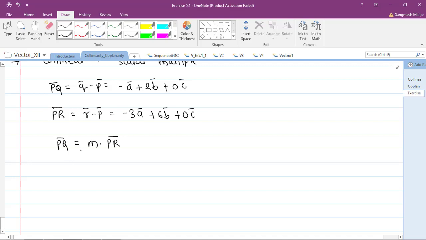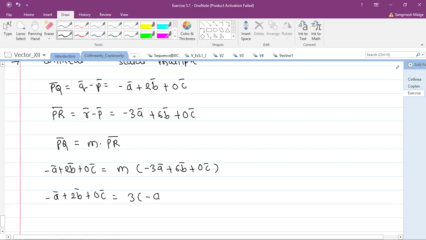Okay, we have to find the value of M. So it is minus A bar plus 2B bar plus 0 C bar equals M into minus 3A bar plus 6B bar plus 0 C bar. If I take common minus 3 from this PR bar, what I can write is minus A bar plus 2B bar plus 0 C bar equals, taking common 3, minus A bar plus 2B bar plus 0 C bar.